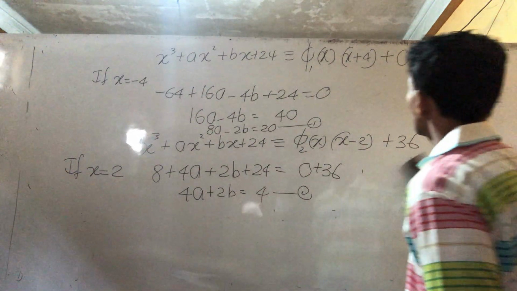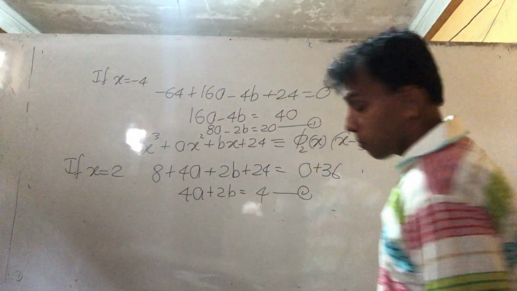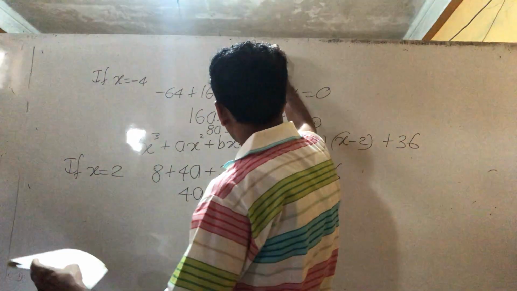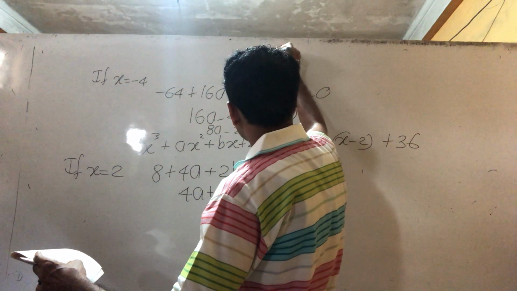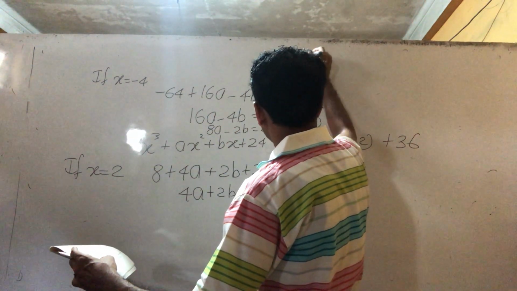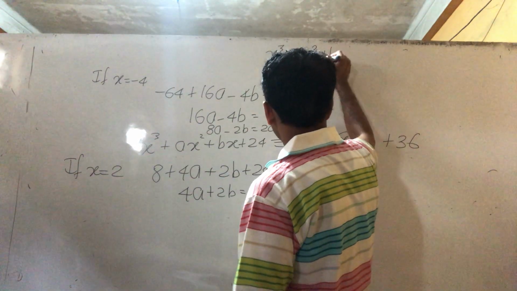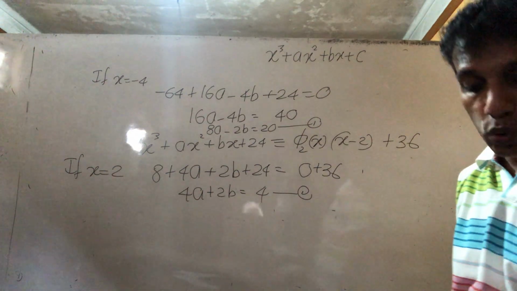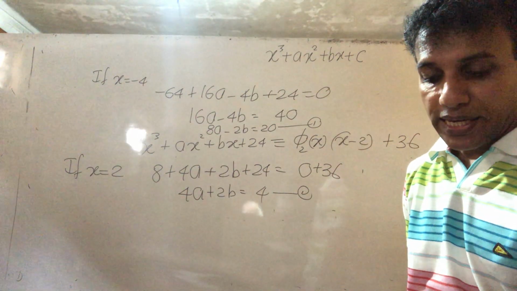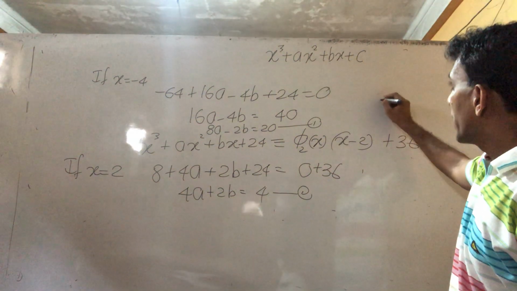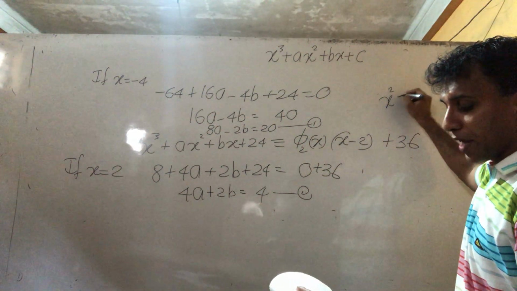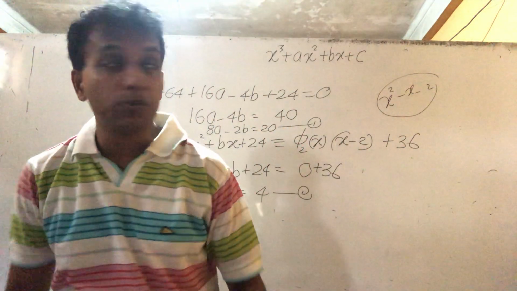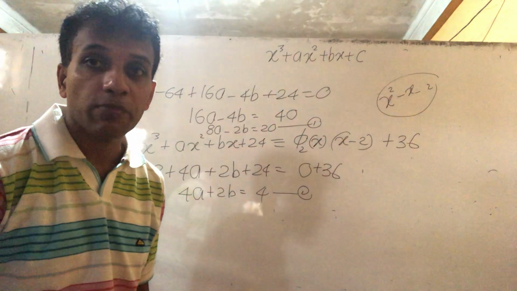See next question number 20, problem 20. The polynomial x cube plus ax square plus bx plus c is exactly divisible by x square minus x minus 2.